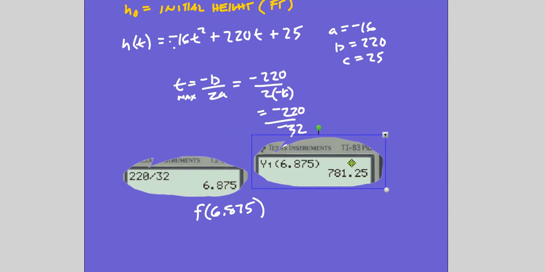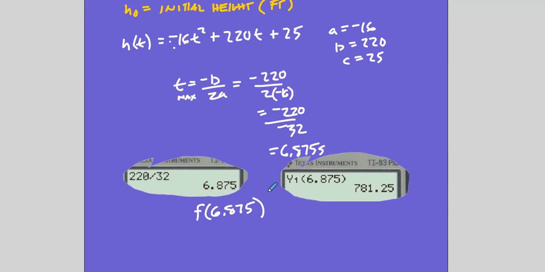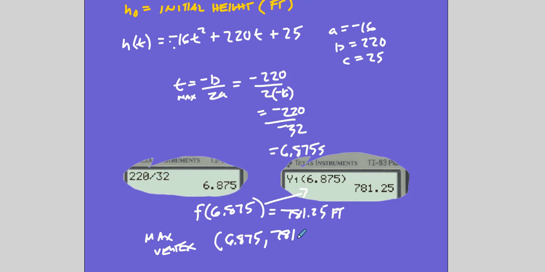So f of 6.875 is 781.25 feet. So the coordinates of my max, which is also my vertex, the vertex is the highest or lowest point on the quadratic function, are going to be 6.875, 781.25. And this concludes the video.